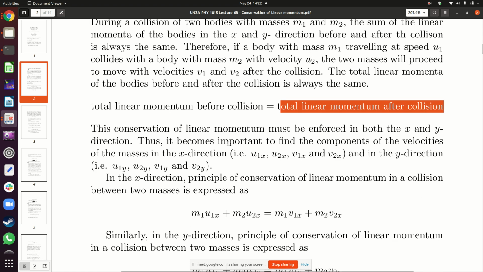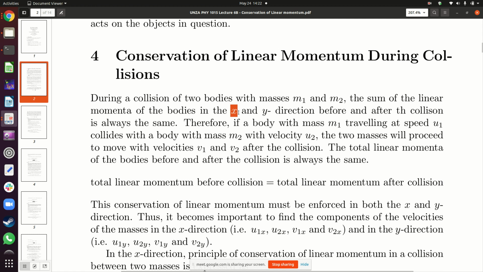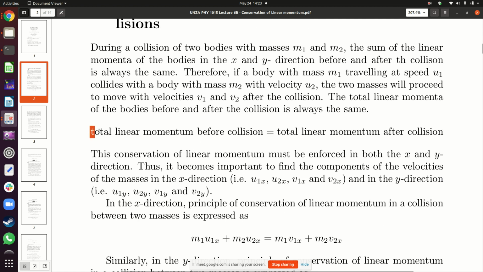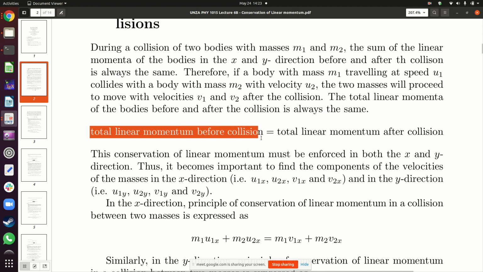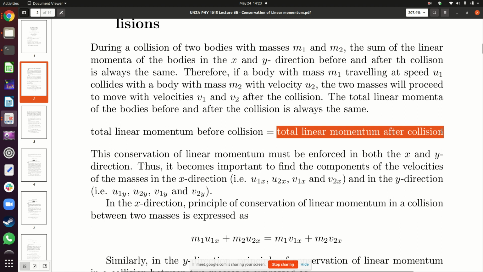This can be extended because we are interested in what the velocity of this particular object is along the x-axis and along the y-axis. So this requirement that the total linear momentum before collision and after collision should be the same can be extended along the x direction.